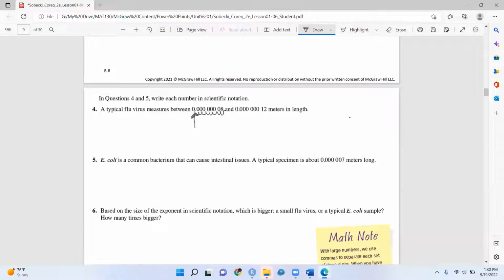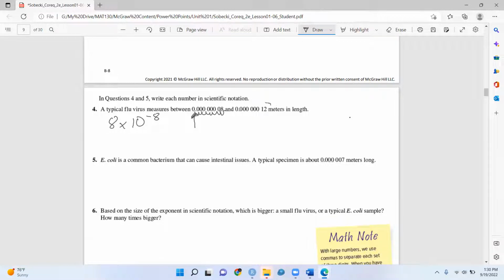So when I write scientific notation, I have to start with the 8 because that's a number between 1 and 10. And then I just have to figure out how many powers of 10 I am going to divide by. And that's where this counting goes. And that happened to be 8 times, so I put a negative 8 up here.